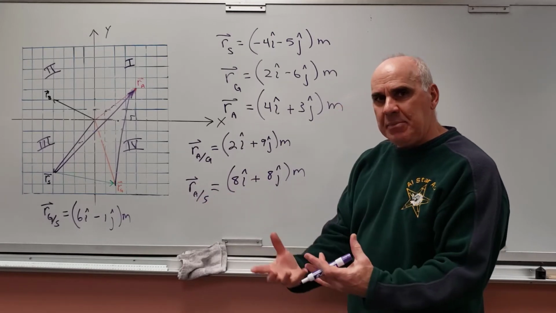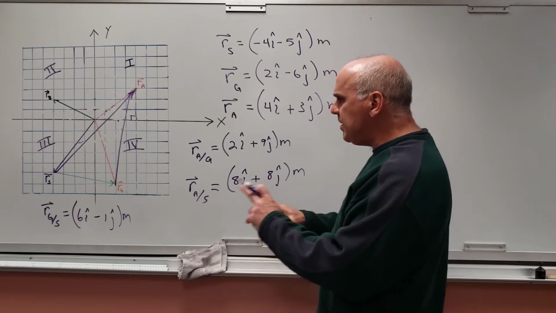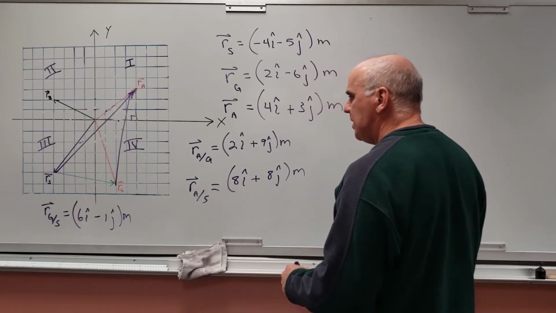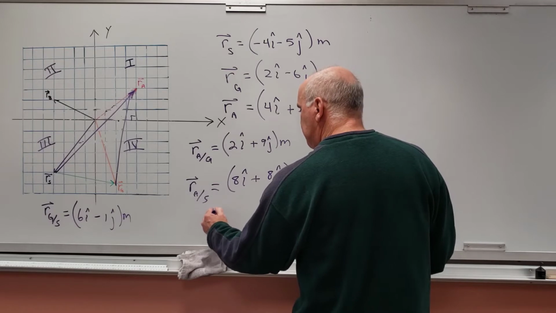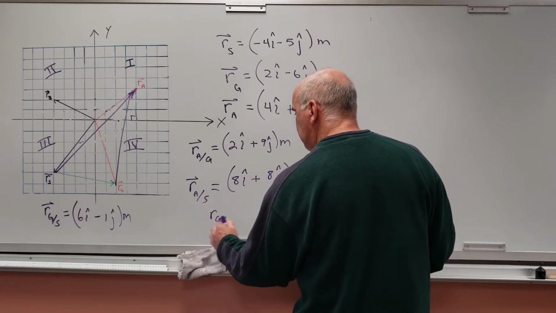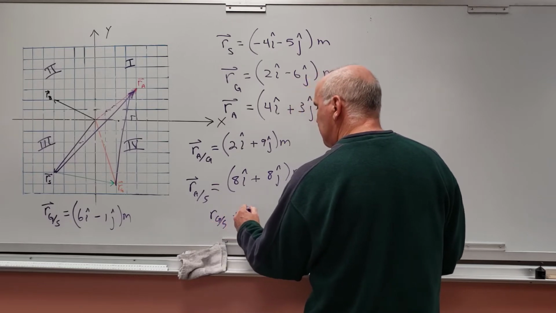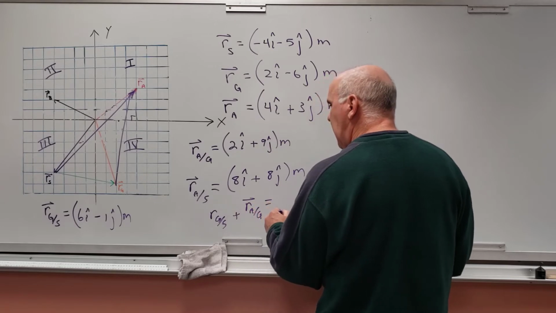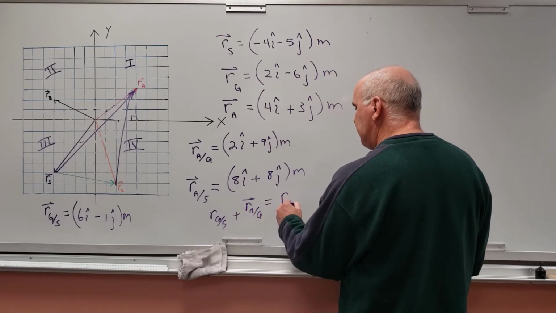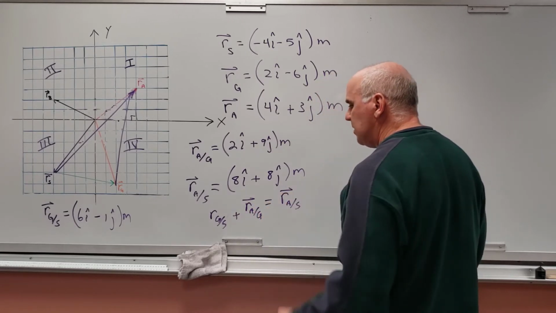Now, one of the things I like about this subscript is if I'm adding vectors together. So for example, if I take the position of Grayson with respect to Shelby plus the position of Adam with respect to Grayson, I actually get the position of Adam with respect to Shelby. And take a look.